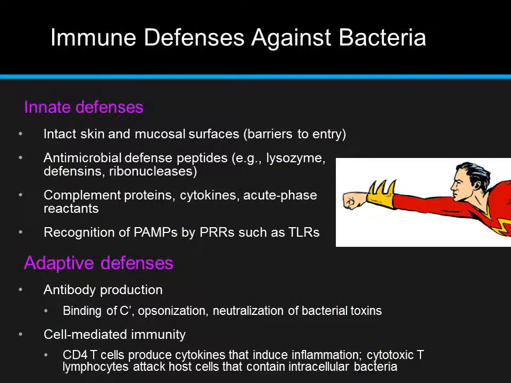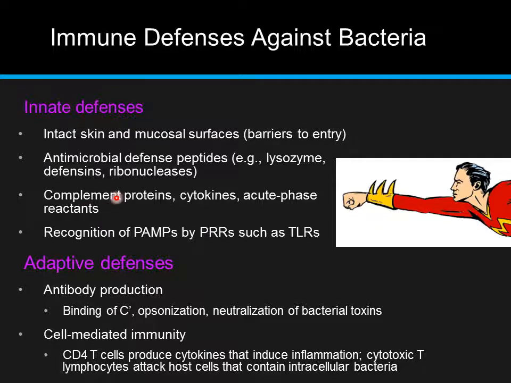Speaking of countermeasures, what countermeasures is our immune system able to mount? Well, remember that intact skin and those mucosal surfaces forming a nice barrier, kind of like the wall around the fort to protect us. They produce defense chemicals that are antimicrobial, things like lysozyme, ribonucleases, defensins. These are molecules that are inherently antibacterial.